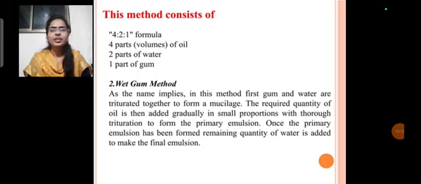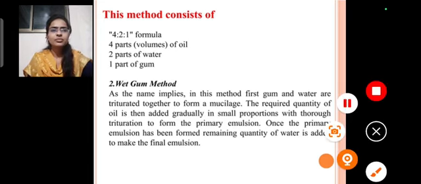Next is the wet gum method. As the name itself indicates, in this method, first gum and water are triturated together to form the mucilage, and then the oil is added to the mucilage in small proportions and thoroughly triturated to form the primary emulsion.